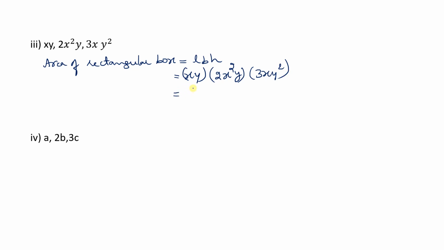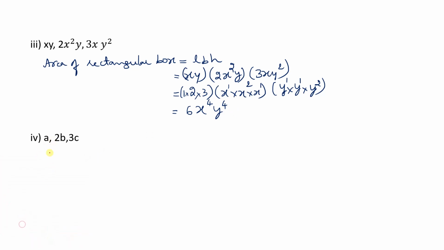So you have to multiply the coefficients first. So it is 1 into 2 into 3. And here x into x square into x into y into y square. 3 2s are 6. x to the power, nothing is there means we will take it as 1. So 1 plus 2 plus 1 is 4. y to the power 1 plus 1 is 2 plus 2 is 4. So 6 x to the power 4 y to the power 4.